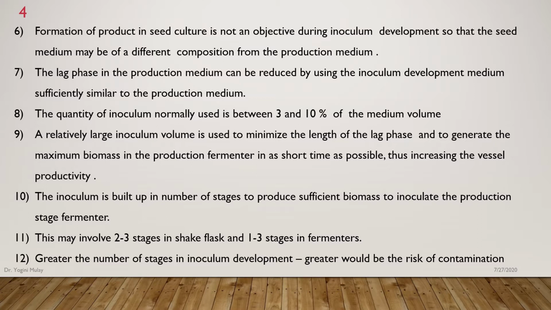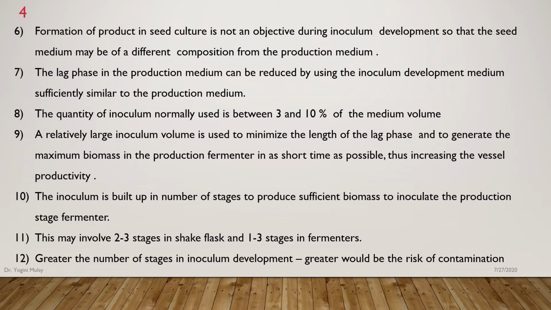whenever we carry out the inoculum development process, our aim is to increase the biomass. See, its objective is not to produce the product. That's why I've written that formation of product is not an objective during inoculum development, and therefore the medium which we use for inoculum development can be different from the medium which we use for the actual fermentation, because during fermentation the medium we use is called the production medium.